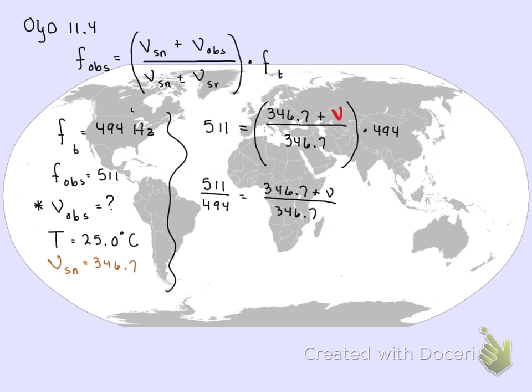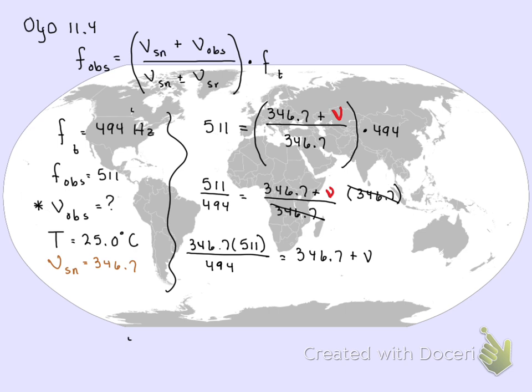In order to isolate eventually the V, which is in the numerator of what's on the right, we need to get rid of this. Okay, so we'll multiply that by both sides. And when we do that over here, it cancels out. So we need to multiply it over on the left. And this is what we've got on the left and the right.